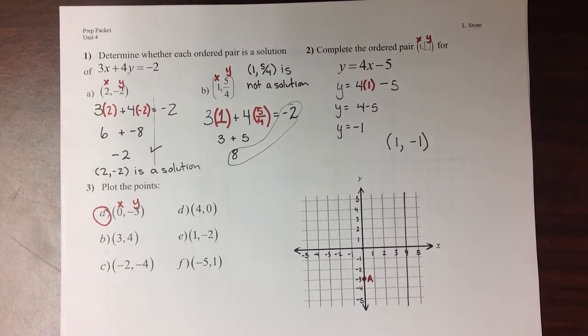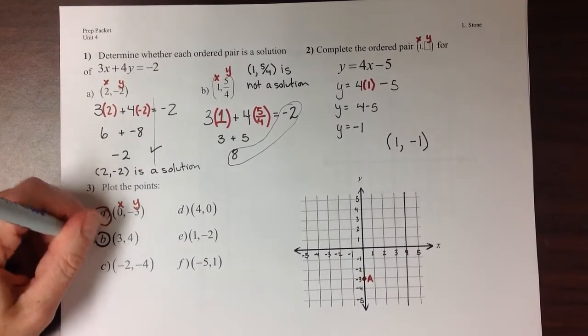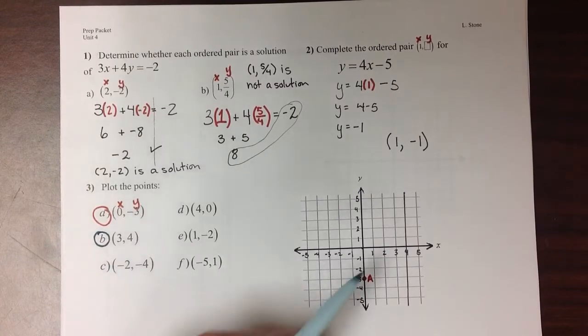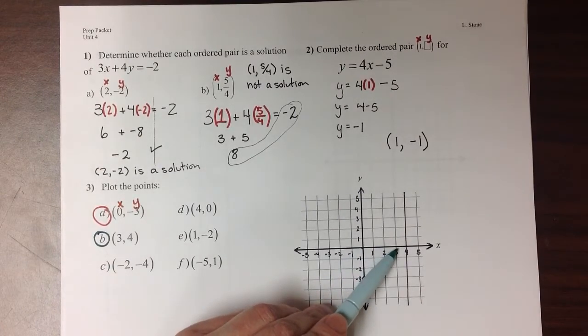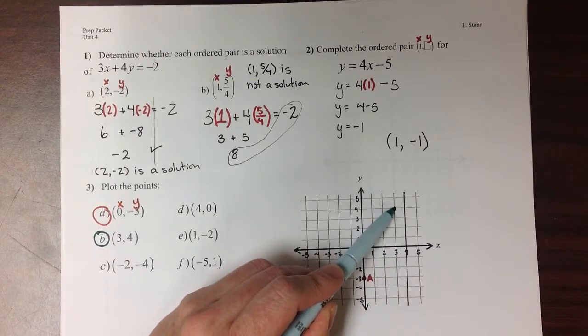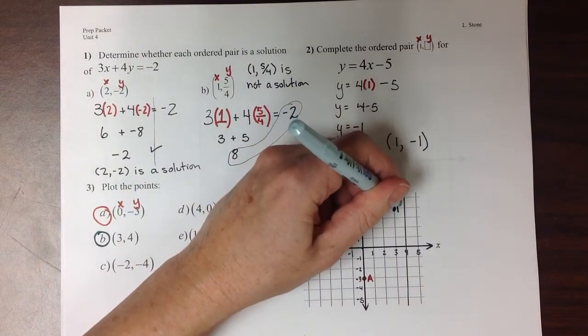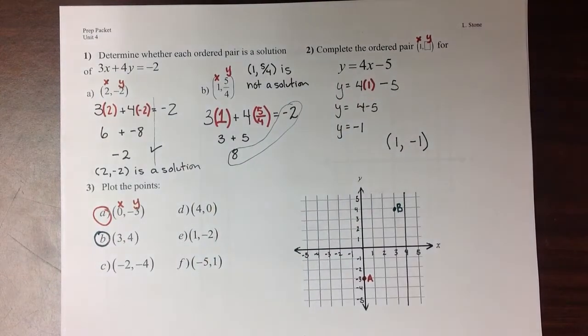The point B at 3, 4, I'm going to come out 3 on the x-axis and then go up 4 on the y. So B would be that point right there.